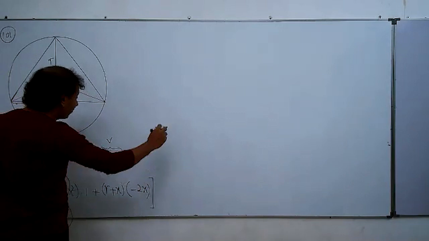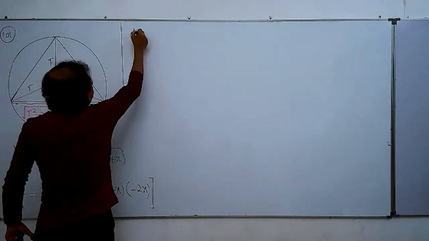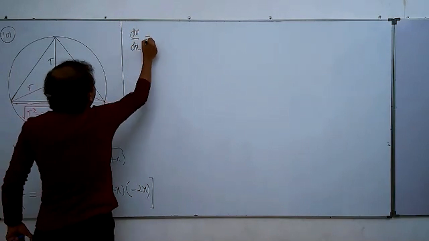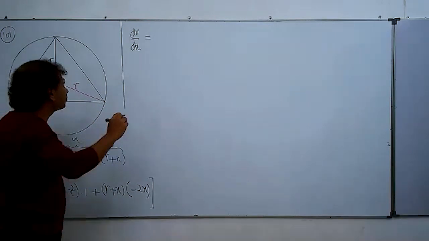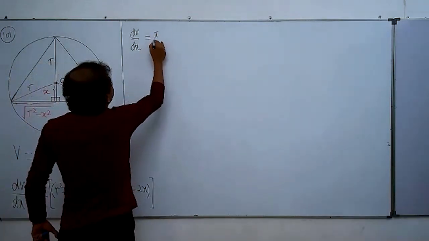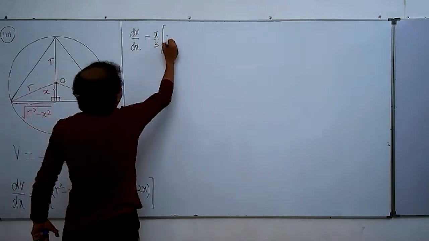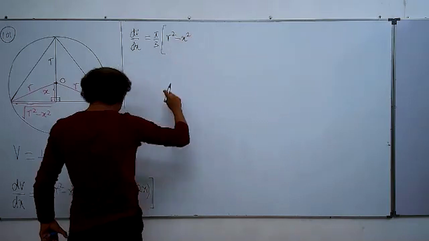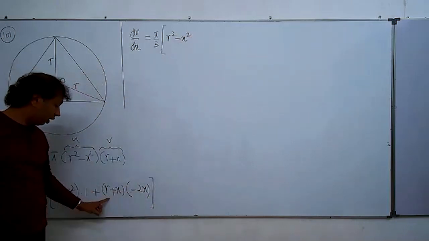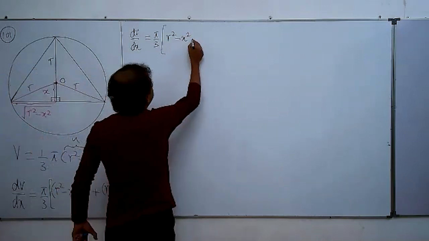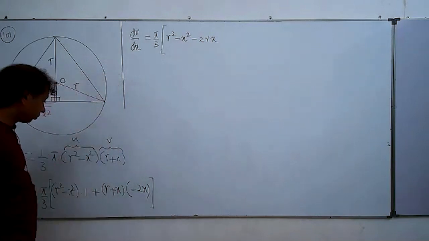Then we can further simplify this dV by dx. Pi by 3, r squared minus x squared here, minus 2rx, minus 2x squared.